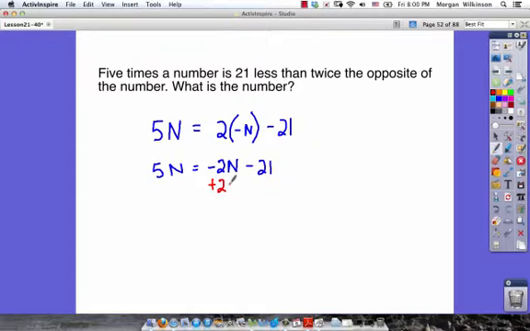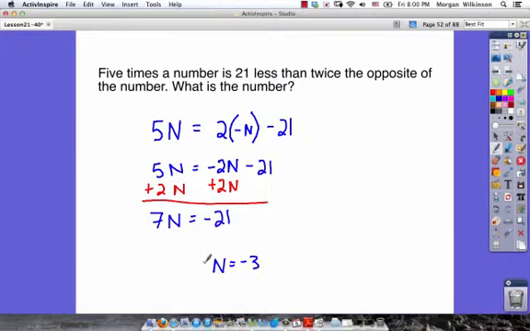So we're going to add 2n to the left-hand side to balance out our equation. 5n plus 2n gives us 7n. Negative 2n plus 2n is 0, and then we have minus 21. This one, 7 times some number n is equal to negative 21. What's our value of n? n must be equal to negative 3, because 7 times negative 3 is equal to negative 21, and we figured out our answer.